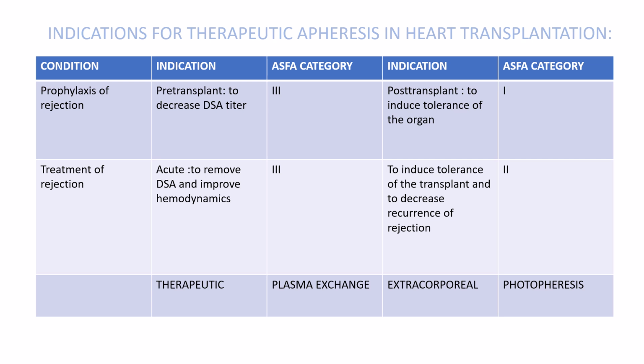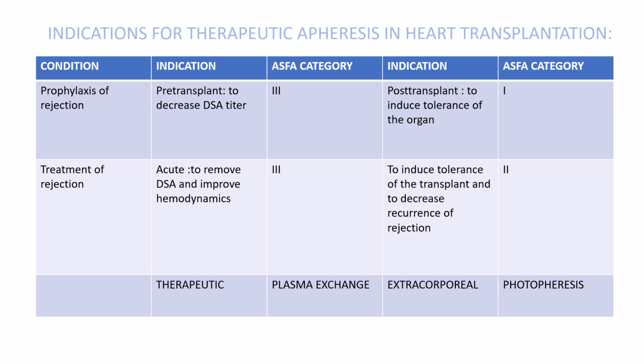Now, apheresis indication in heart transplant for prophylaxis of rejection. The indication is pre-transplant to decrease the donor-specific antibody titer, and the category is 3. Post-transplant to induce tolerance to the organ, it is classified under category 1.